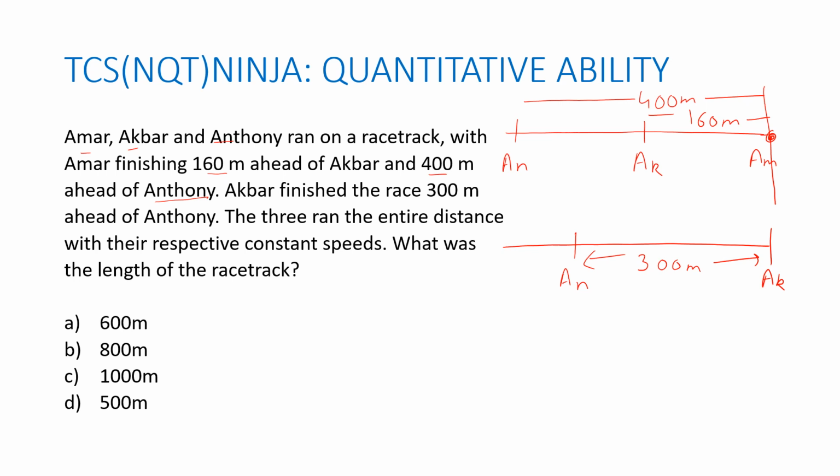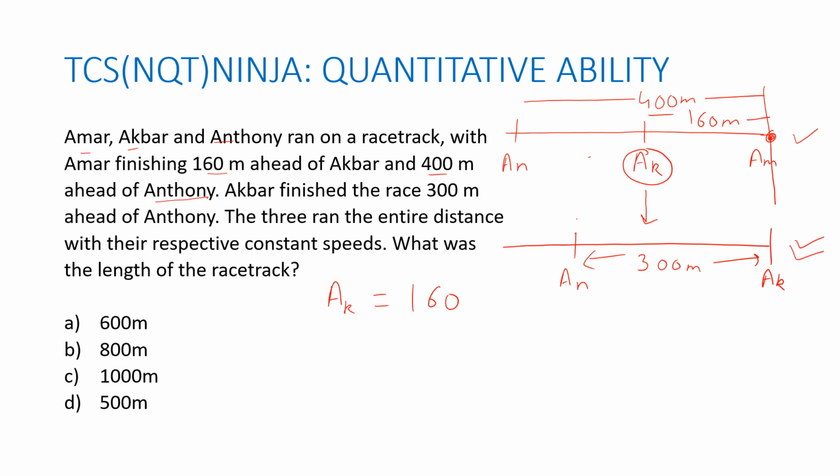If you compare this instance to this instance, here Akbar is 160-meter behind the finishing line. So when Akbar finishes the race, which is the second instance, Akbar would travel from this instance to this instance. The distance traveled by Akbar has to be 160-meter.